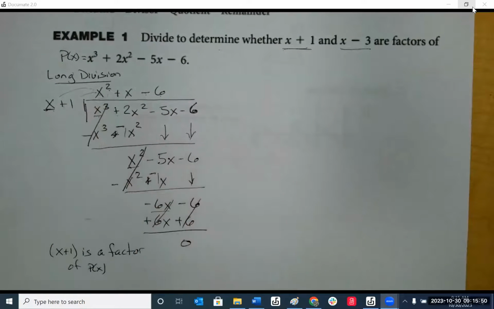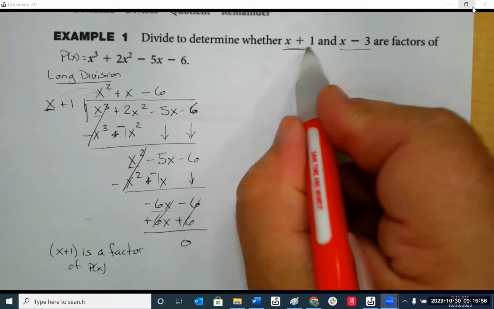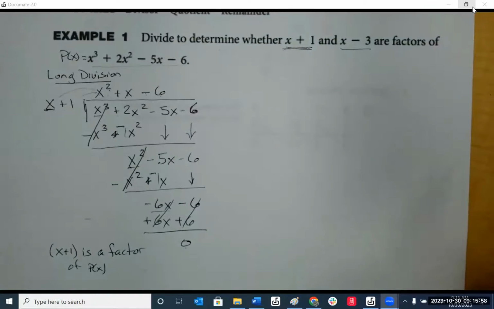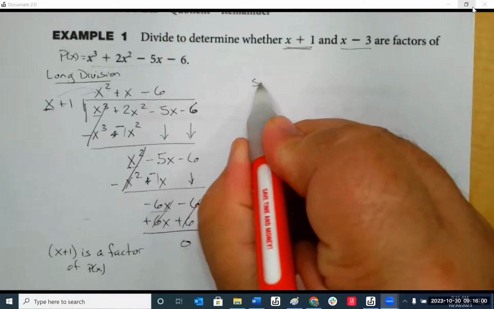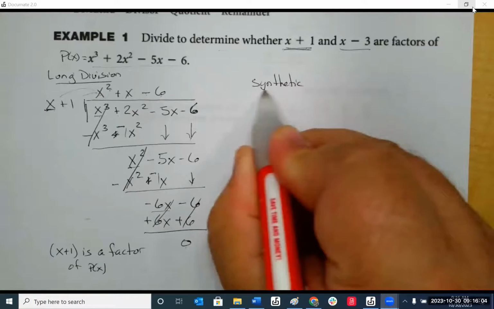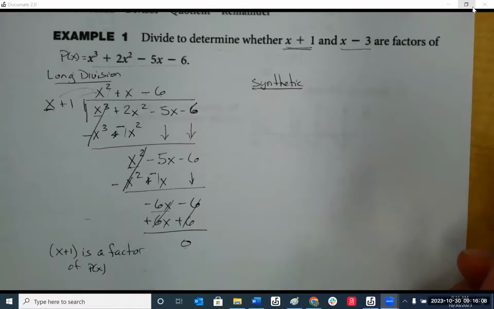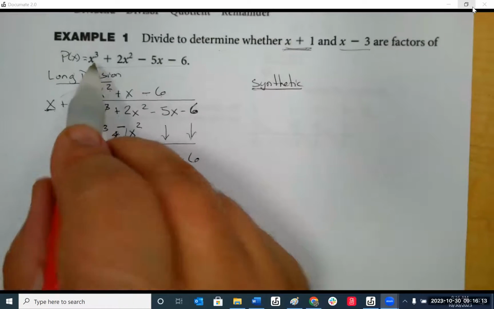Okay, so let's do the same one. Since we know it's supposed to work, let's try synthetic division. We're going to do x plus 1 again for this. So how would you set it up? What's the first thing you got to do? Well, we have two things.